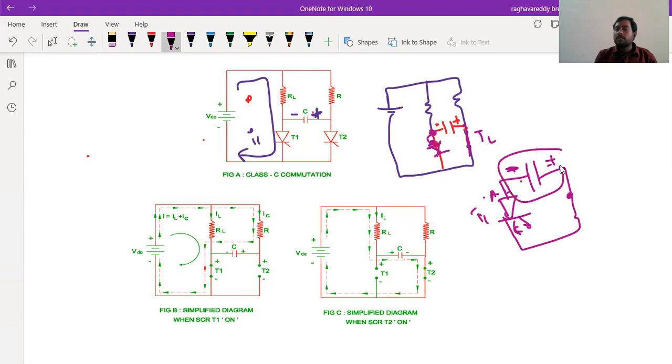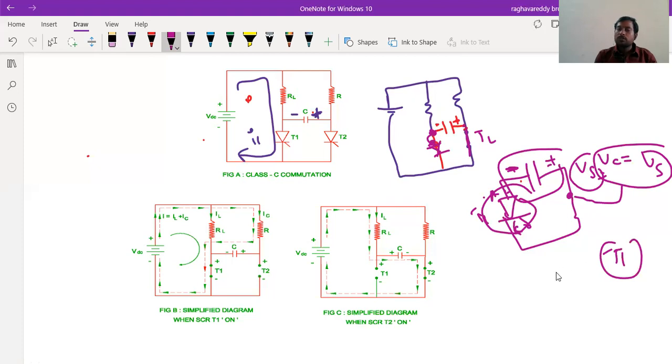So the capacitor voltage is equal to the supply voltage. So reverse voltage is applied across thyristor T1, so that thyristor T1 will be in forward blocking state. Immediately, if you turn on thyristor T2, the capacitor's negative reverse voltage is automatically applied across thyristor T1.